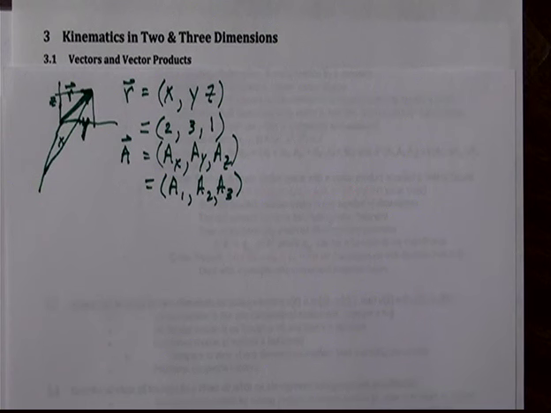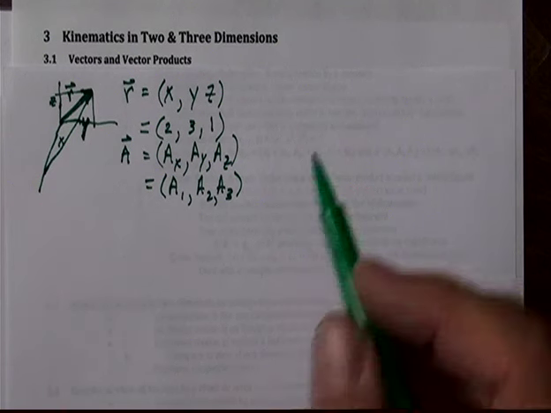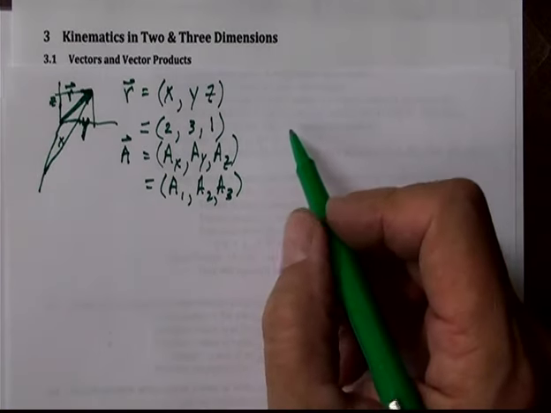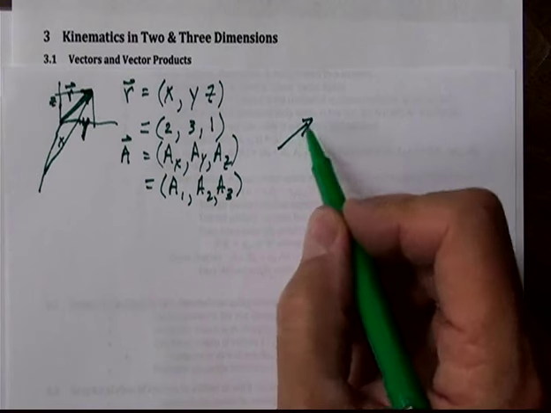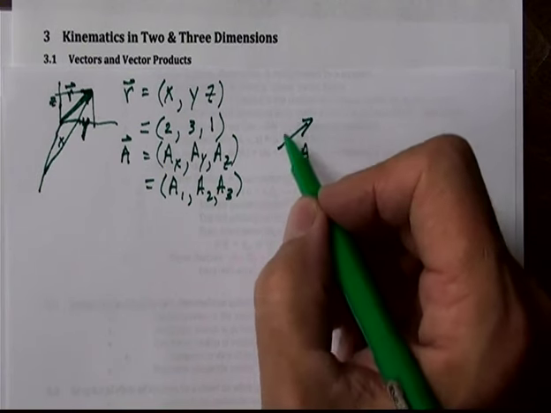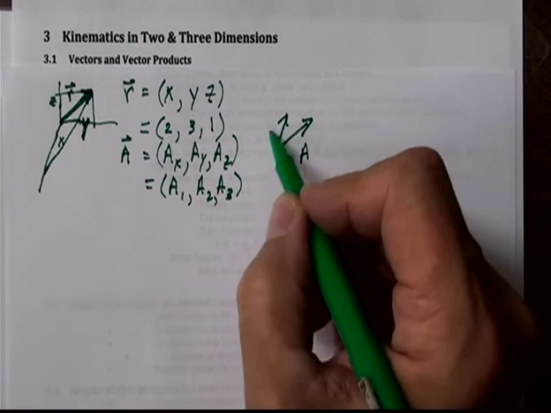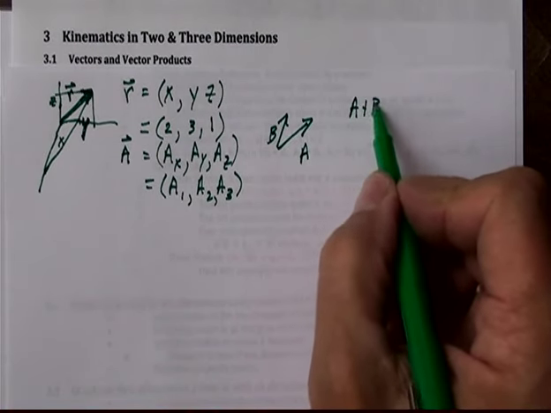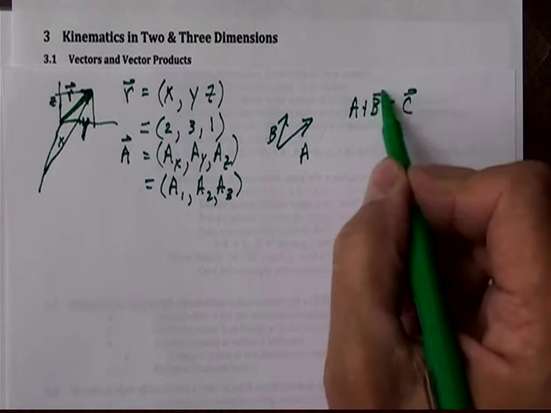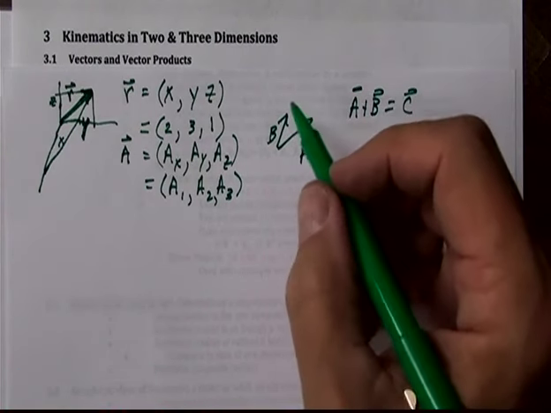Now generally in high school or earlier grades we learn about vectors, and we learn that we can do two operations. First of all, we can take a vector a and we can add a vector b to it. So we can form a vector a plus b, which is equal to a new vector c. Now how do we find that?